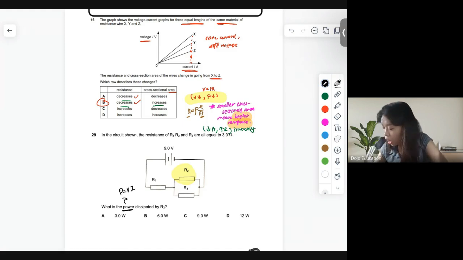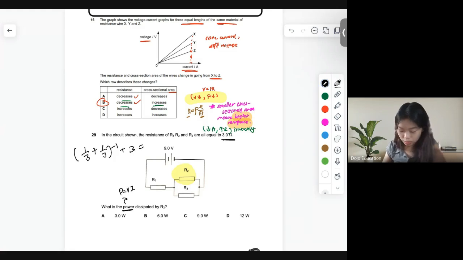I have R1, R2, and R3. They have a resistance of 3. So I can find my total resistance first, which is 1 over 3 plus 1 over 3, inverse, plus 3, which is 4.5.